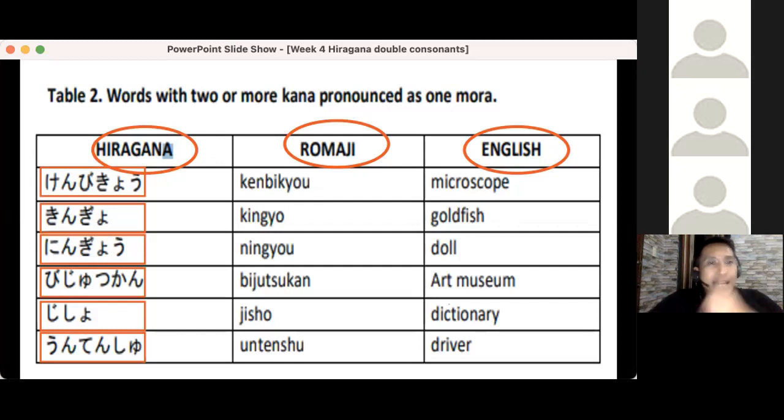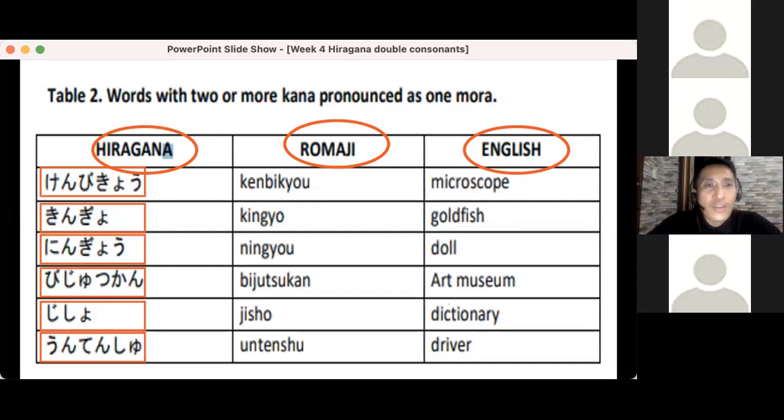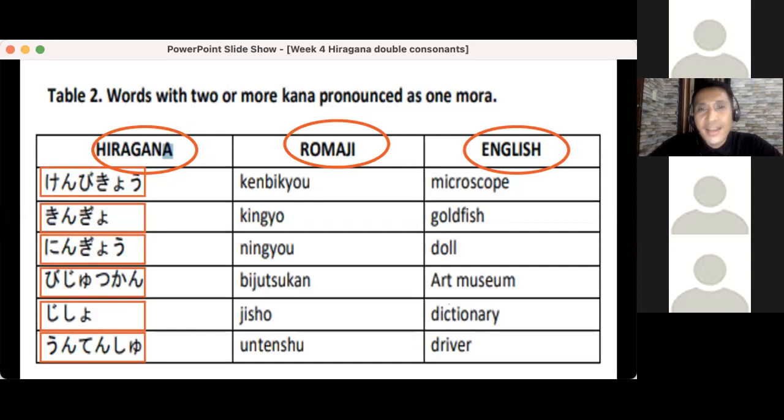Okay? Titingnan natin yung mga salitang sabi dito, with 2 or more kana pronounced as 1 mora. Okay? Pag nagbibilang tayo ng kana, every sound ay isang kana, no? Ang tunog ng kana ay bawat syllable. So sa kenbikyo, ilang kana ito?